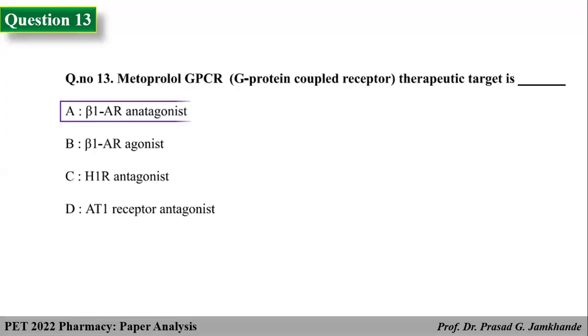It is also used to treat angina. And it particularly antagonizes the beta-1 adrenergic receptor. That means it reduces blood pressure by simply acting on the adrenergic receptor, or inhibiting the adrenergic receptor.